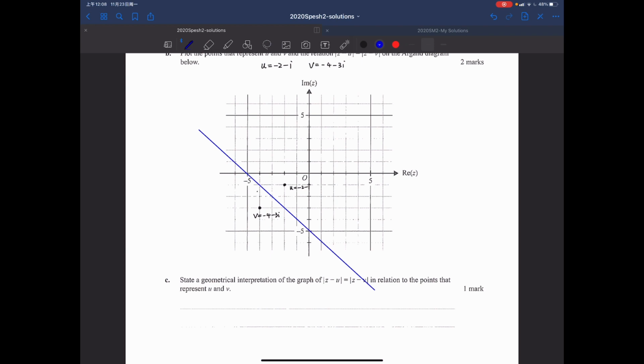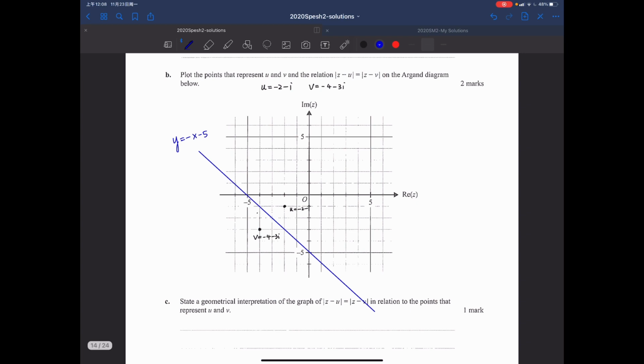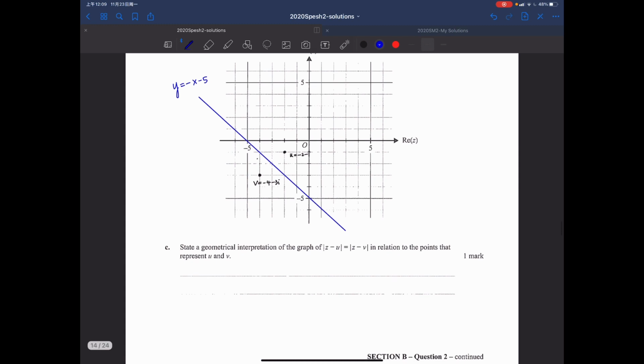And I need to label that with y equals minus x minus 5, or we can just copy down absolute z minus u equal to absolute z minus v. So the geometrical interpretation, I would say, is very easy.